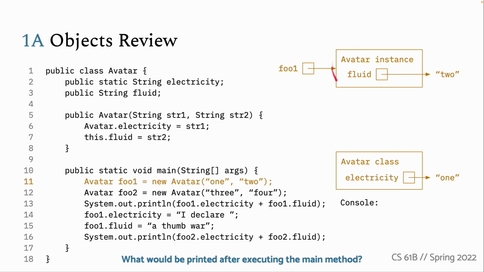And then within the Avatar instance, we have a variable called fluid, which again contains another pointer to the string. I also like to keep this box at the bottom, which keeps track of all of these static variables for each class. The reason I do it this way is because when a static variable changes for a single instance, it changes for all of the instances.